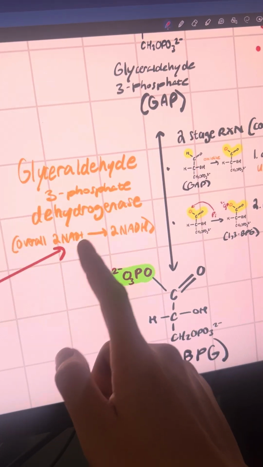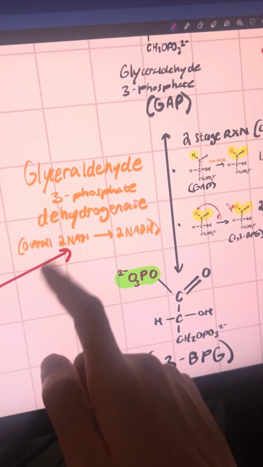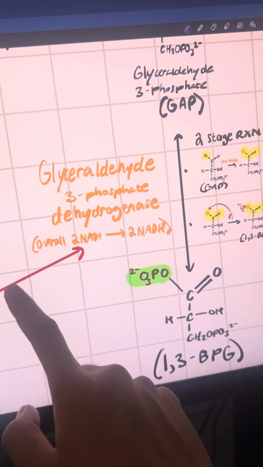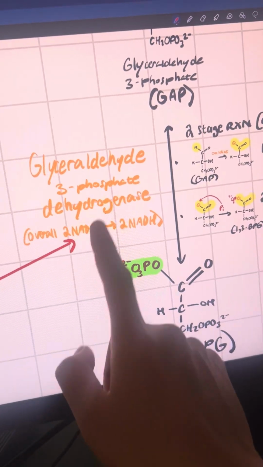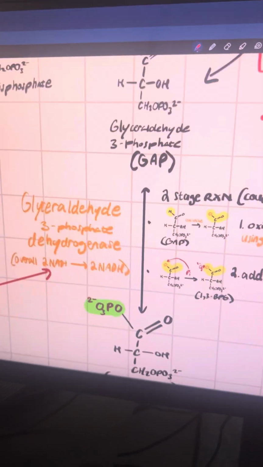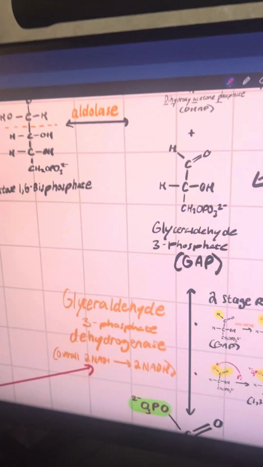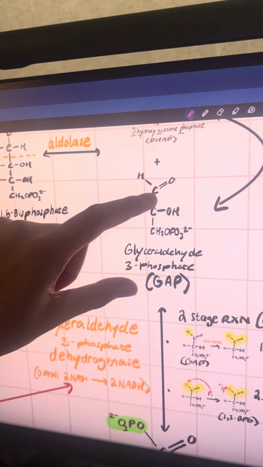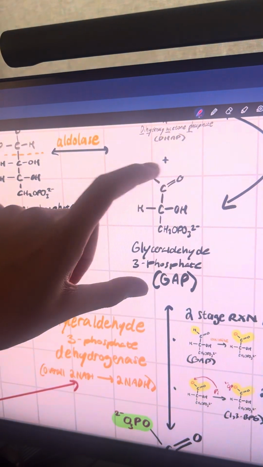Because later, you're going to need NAD+ being regenerated by lactate fermentation, and that regeneration will come back around to supply this step. Okay, so what does this enzyme actually do? This is very important as well. So the starting substrate in this reaction is GAP, right?